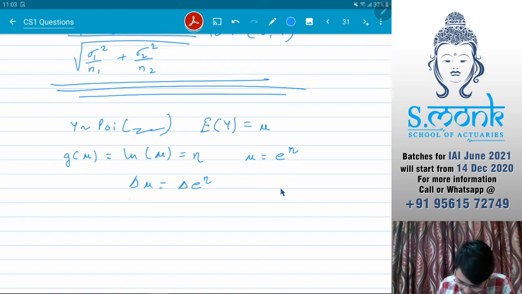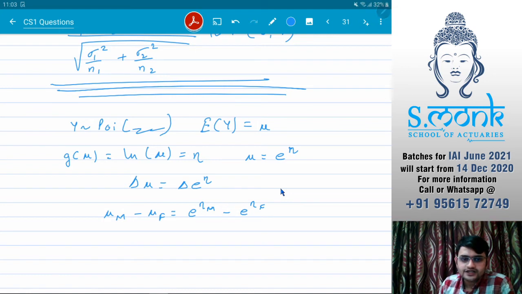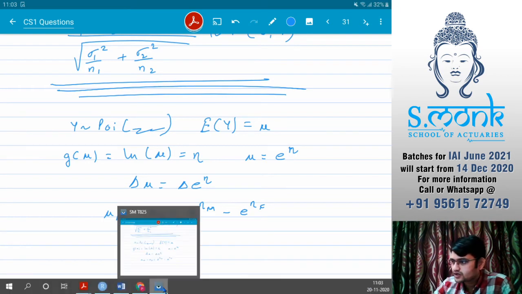That means mu of male minus mu of female would be e raised to eta due to male minus e raised to eta due to female. All other things remain constant, so the eta effect will only be due to being male or female, so we will take only that factor into account.